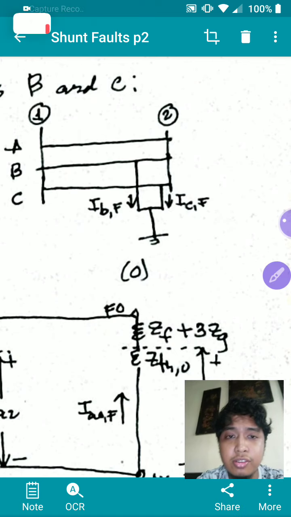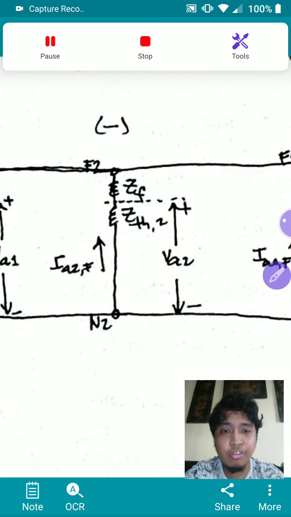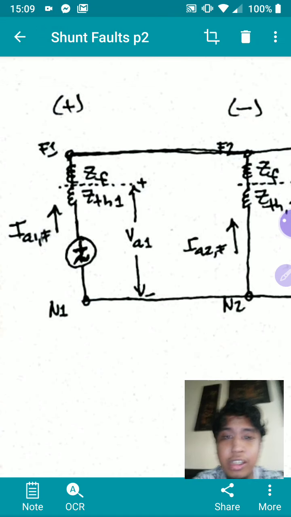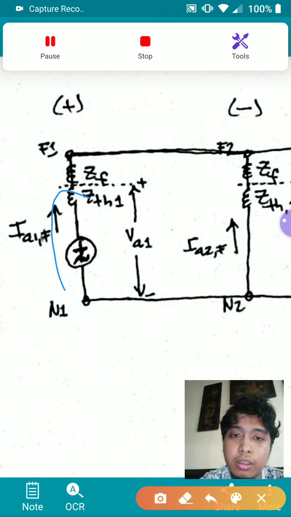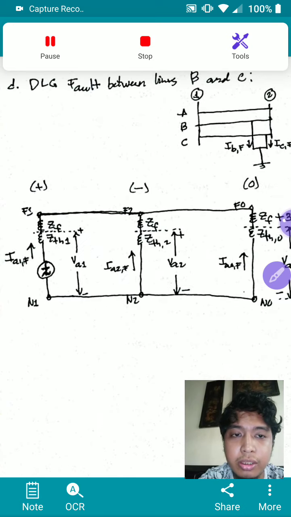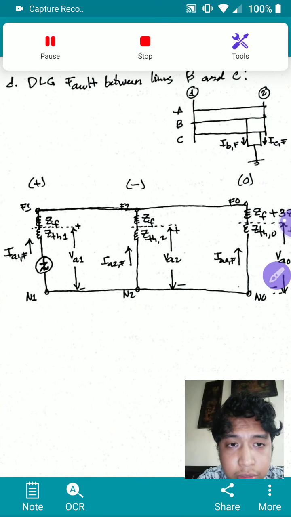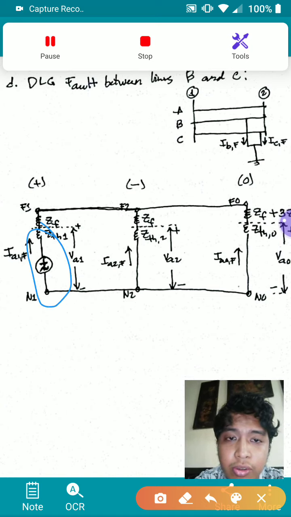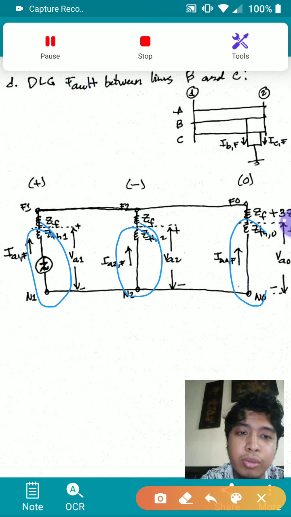So that's ZG. That's why in the sequence networks, as you can see, this is basically your sequence network. I'll zoom this out. So this is your three sequence networks.